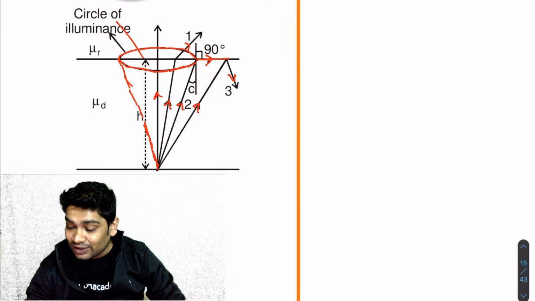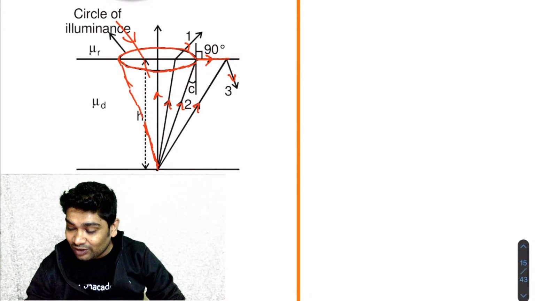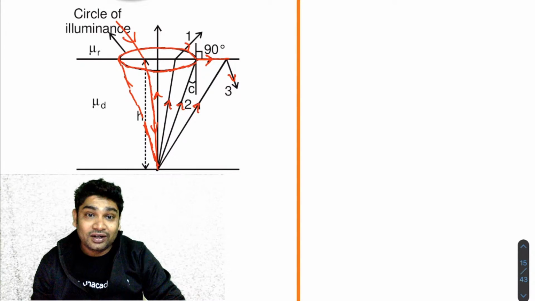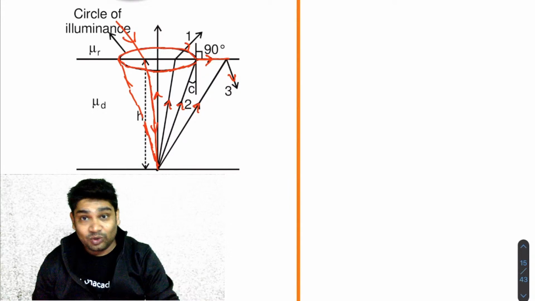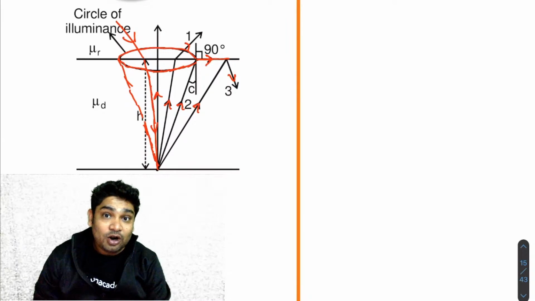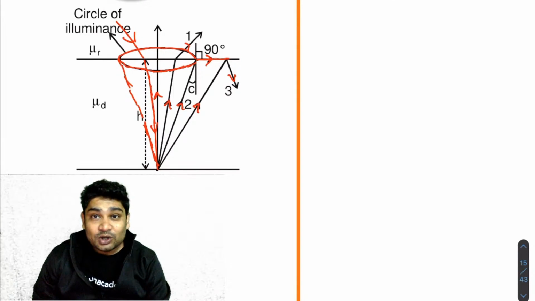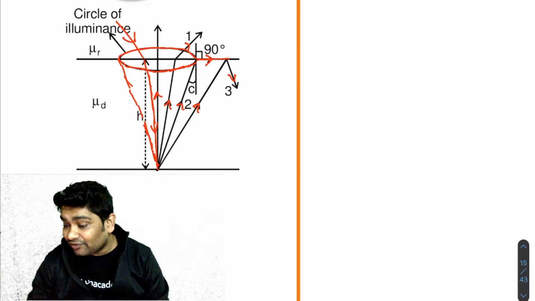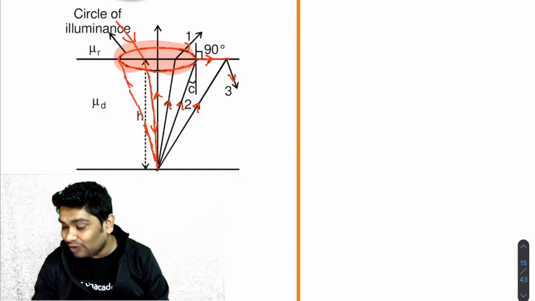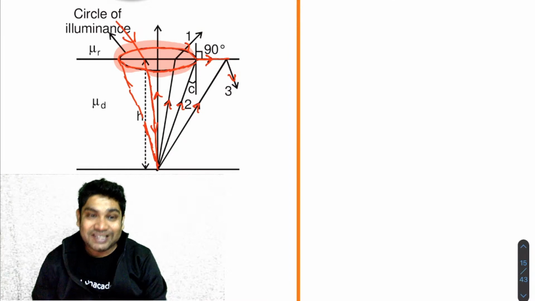Agreed? Any ray entering this cone will come to you, and any ray not entering this cone will not reach you. So when you are looking at the outside world from underwater, you will be watching everything through this cone. All the light from the outside world would be coming from this small cone.